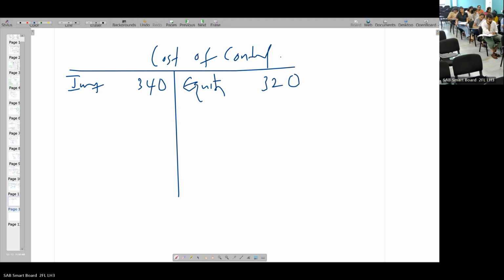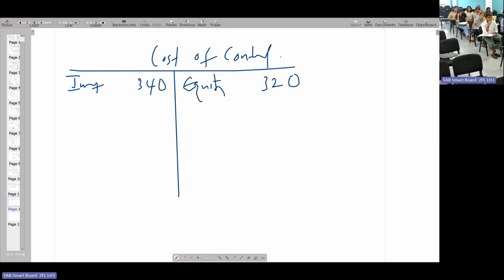Right. Still you cannot do the NCI. The NCI should be calculated at fair value. Right? You need to bring this one to 350.